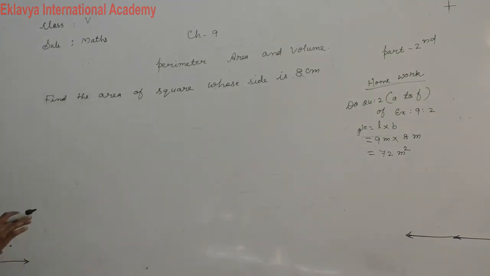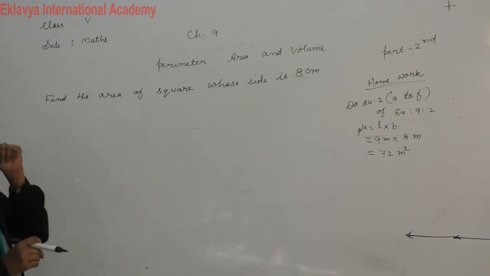Read the question. Find the area of square whose side is 8 centimeter.